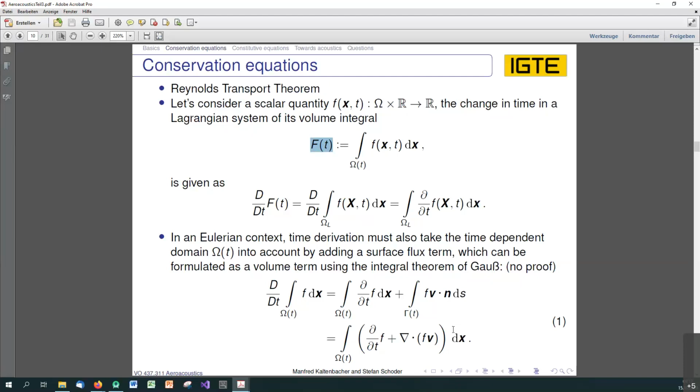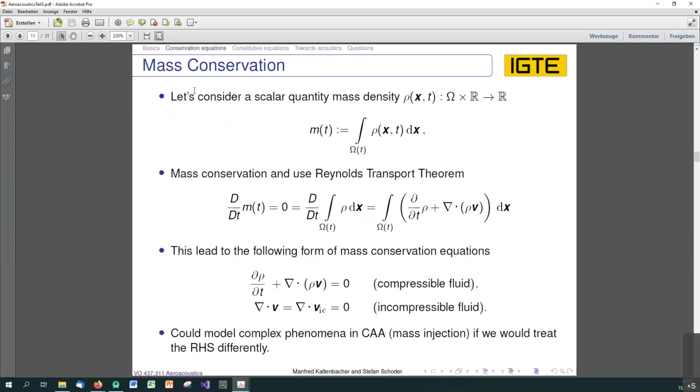This was very complicated and abstract, so I will just head to the mass conservation, because this was more or less the explanation of the Reynolds transport theorem. So don't bother with this slide.